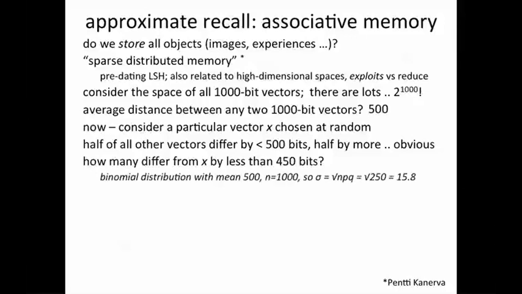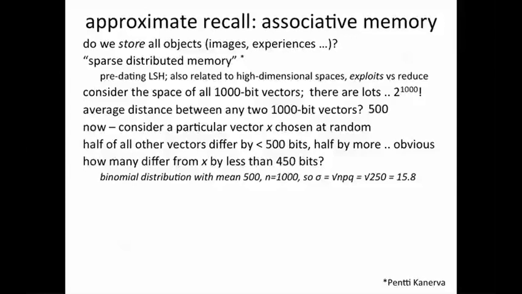That comes from probability theory. We use the binomial distribution with a mean of 500 and n equal to 1,000, because we're tossing 1,000 fair coins. The standard deviation of this is square root of 250. You can look this up in any probability textbook.